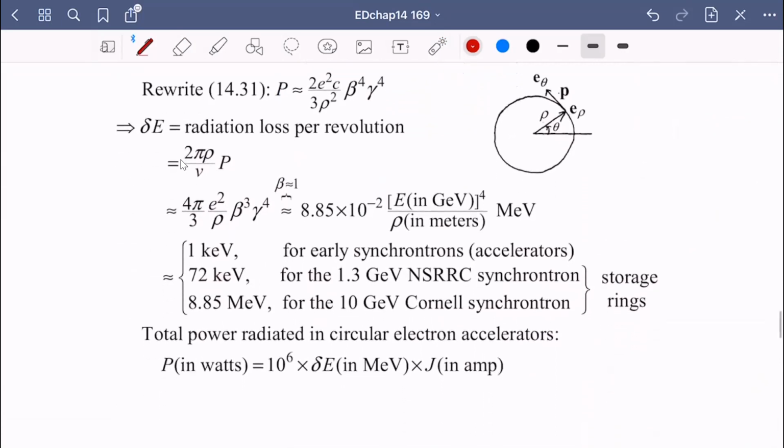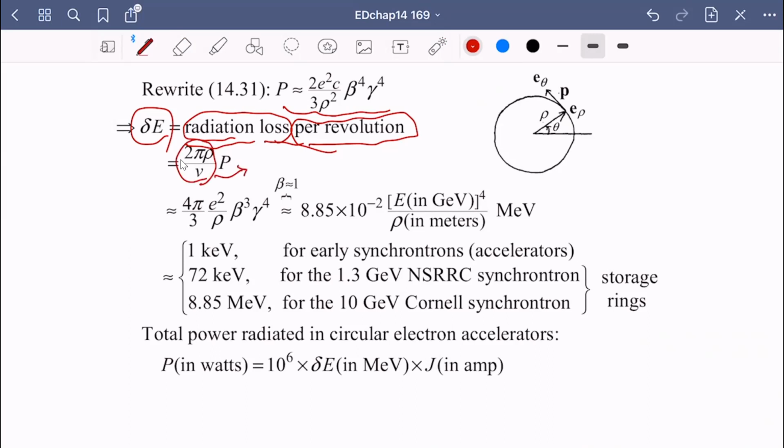So let's rewrite this equation again. P equals this one. So delta E is the radiation loss per revolution. 绕一圈能量损失多少? That will be the total power times 2 pi rho divided by v.